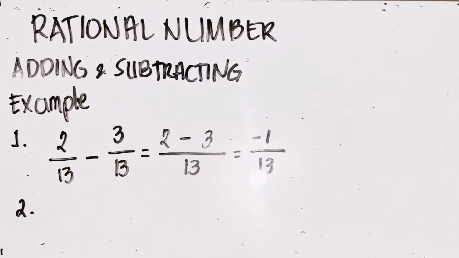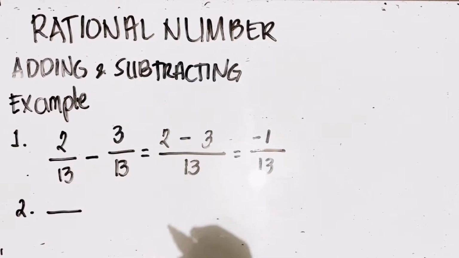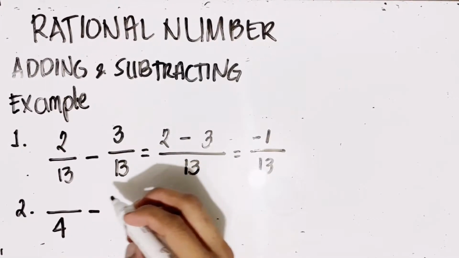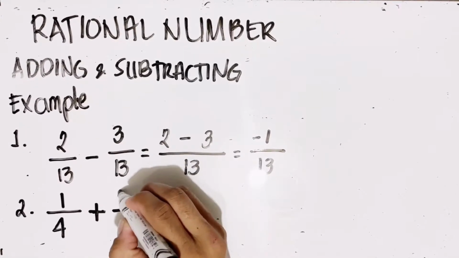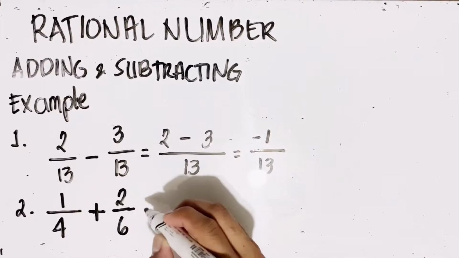Example number 2. How about if they don't have the same denominators? Example, we have 1/4 plus 2 over 6.